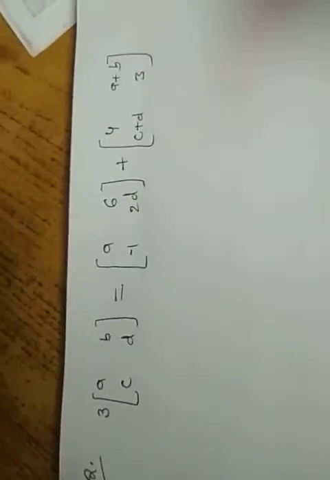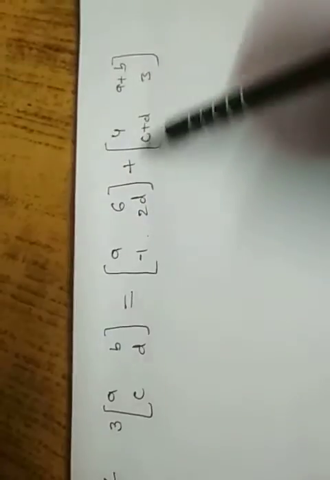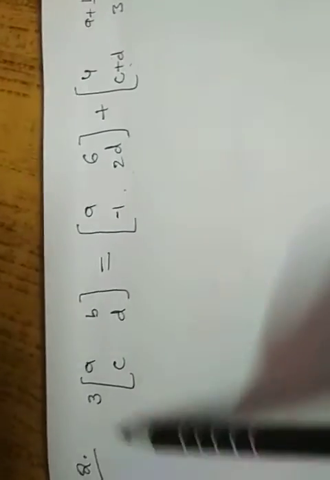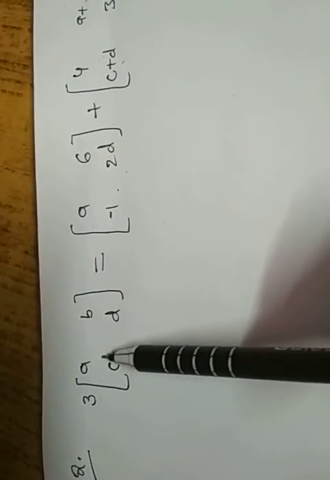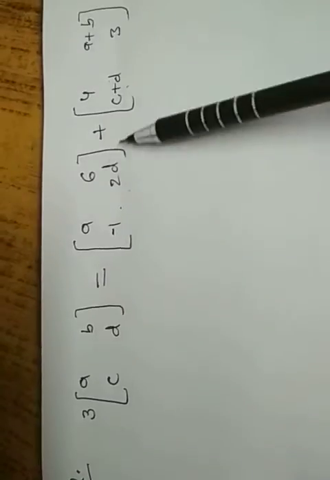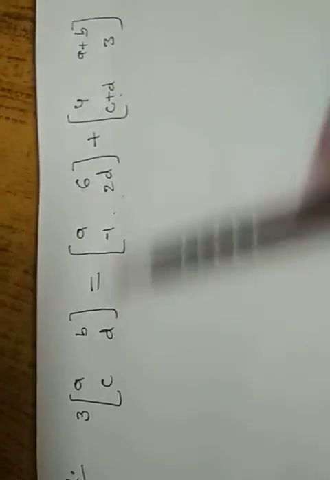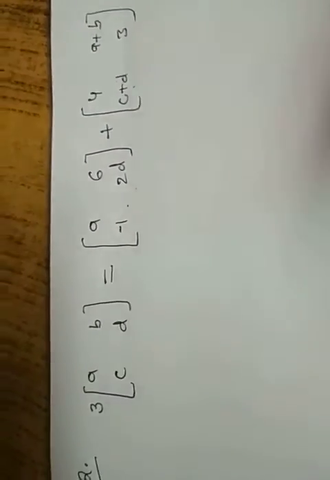Here we have to do the addition also. We have to multiply the matrix by a constant also, and after that we will compare the two sides to get the values of a, b, c and d.